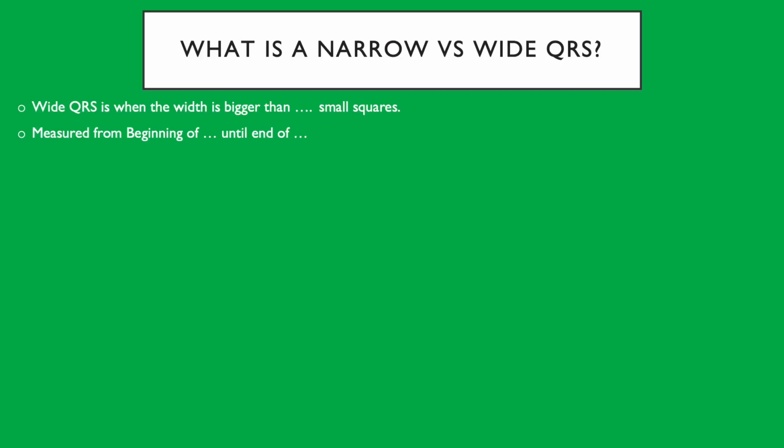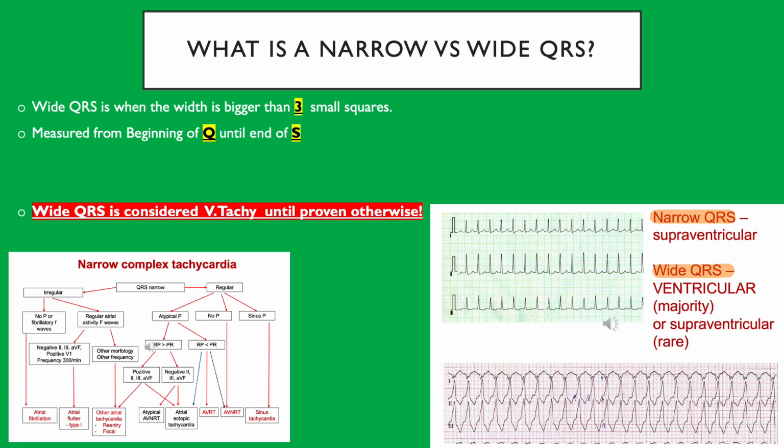What does it mean, narrow QRS and wide QRS? How many small squares does it have to be bigger than to be a wide QRS? Normal QRS is 0.12 seconds. Tell me in small squares. Less than 3. Yes, less than 3. Good. I'm using squares because that's easier to memorize.